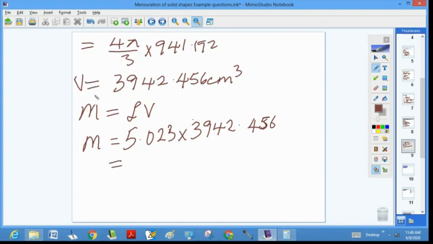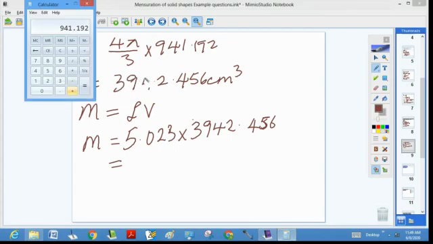So let's use a calculator to multiply it out.